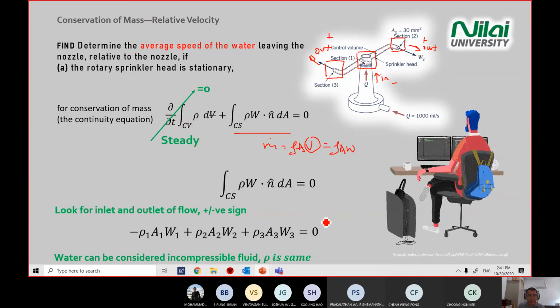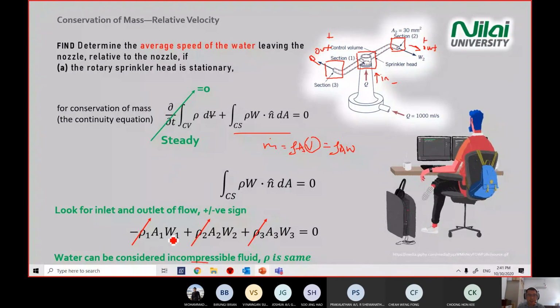Once it becomes incompressible, your rho is the same inside the equation here, so you can factor out and cancel it, or straight away take away your rho. So we simplify this equation further, it becomes negative AW section 1 plus AW section 2 plus AW section 3.